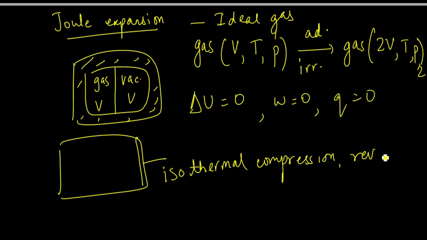Okay, and you already know the expression for isothermal compression. For an isothermal ideal gas, delta U is 0, right?